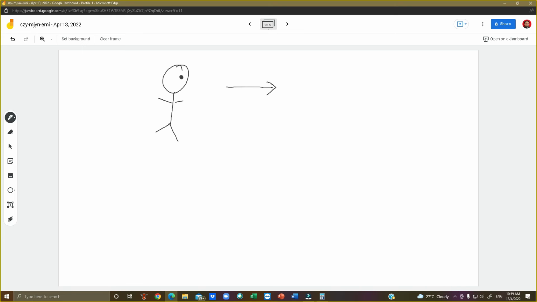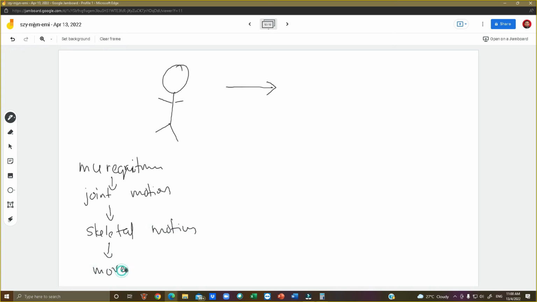Based on what we have learned last week, in order to move forward, lepas motor unit recruitment, kita akan ada joint motion. Lepas joint motion, baru kita akan ada skeletal motion. Barulah kita akan nampak movement.